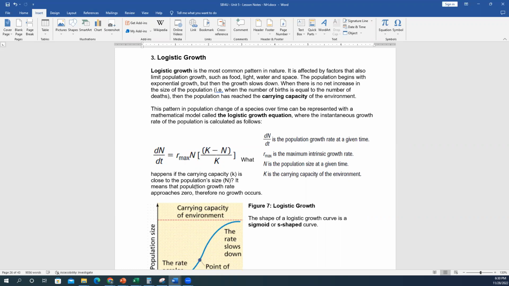And so initially what might happen is that the population might start to grow exponentially, but then growth may slow down.